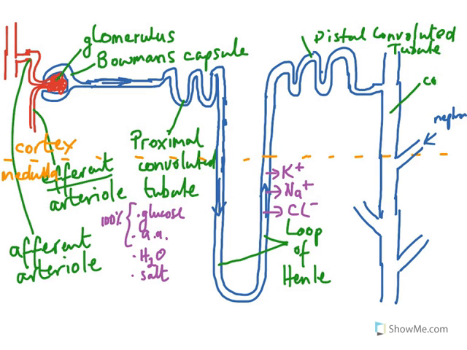Now, by the time the filtrate has got to the collecting duct, bear in mind that we've now reabsorbed everything that's useful from the filtrate. So the collecting duct is going to be collecting what we can call at this stage urine.